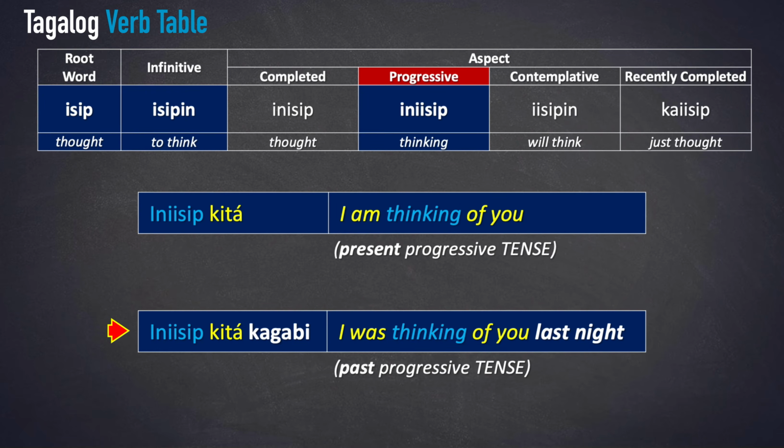But in the Tagalog sentence, although the action iniisip happened in the past, the aspect of the verb iniisip is in the progressive state. The linking verb was in English is an excellent device that signals the action thinking took place in the past. Hence, it is in the past progressive tense, was thinking.